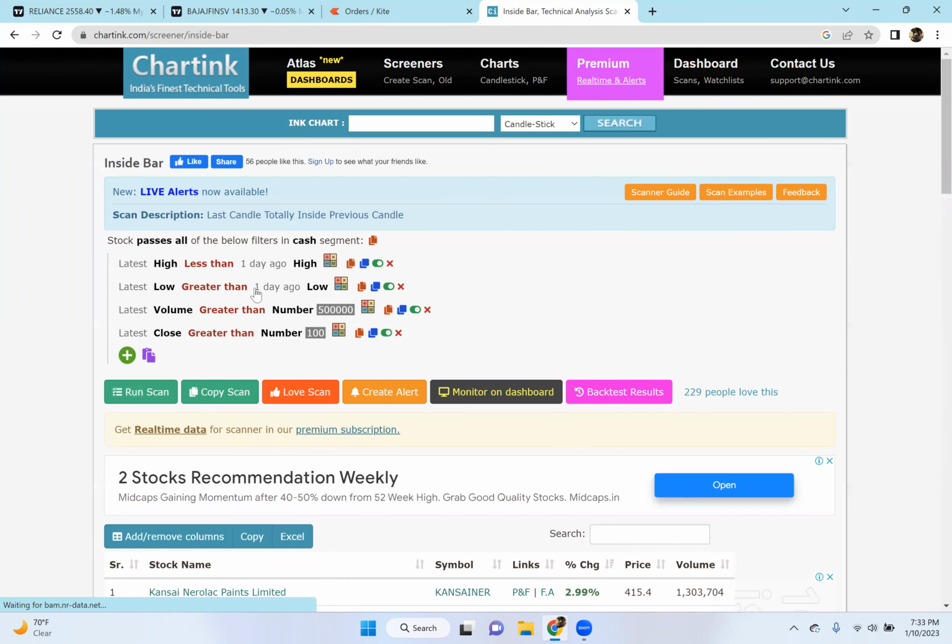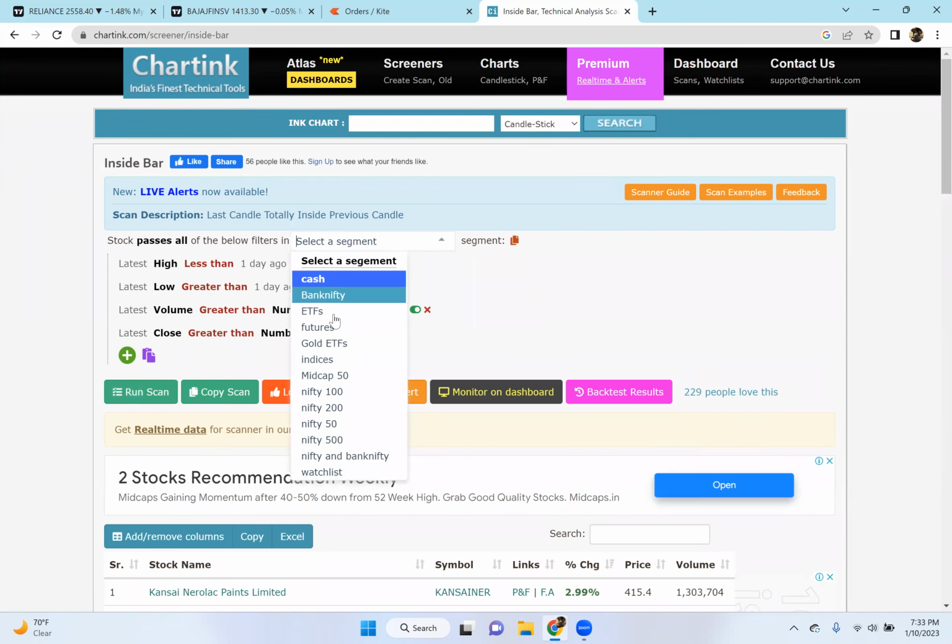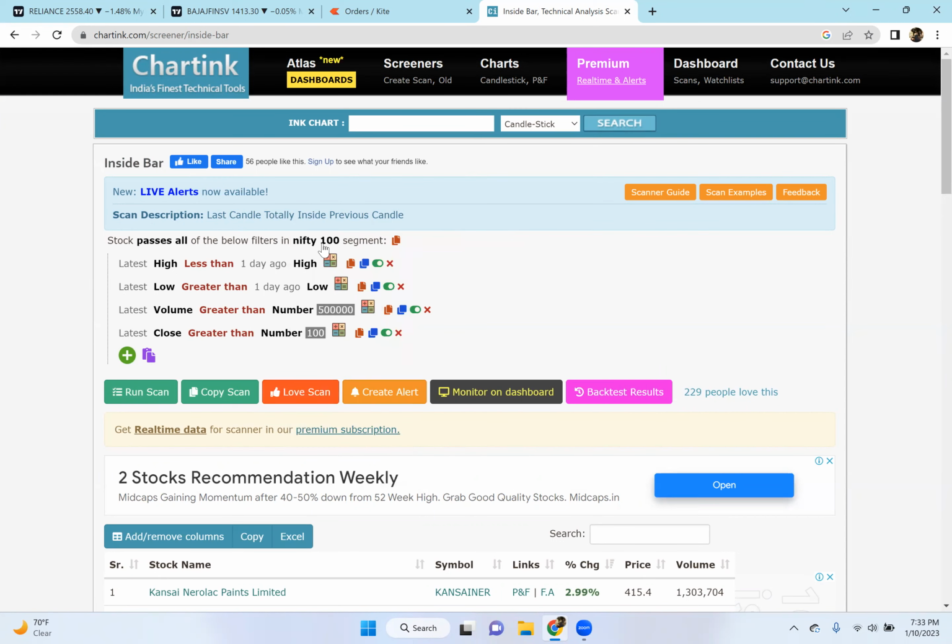I go there, and if I want to select only Nifty 100 stocks, I change the filter to Nifty 100, run the screener, and I see Dabur as one of the stocks which has formed this. So let's look at what is happening in Dabur.